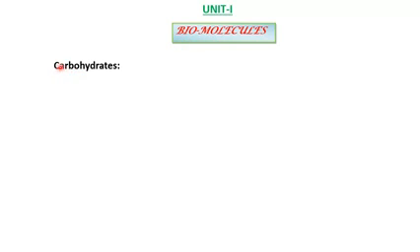As the name suggests, it consists of carbon and hydrogen, probably water. So carbon, hydrogen and oxygen, carbon and water. At the beginning they thought that carbohydrates consist of compounds containing carbon and water present in multiples.